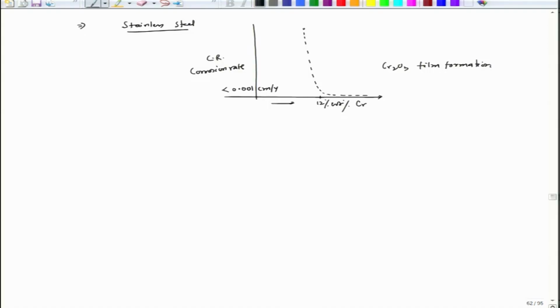Now, this is one part, and of course, in case of stainless steel, apart from chromium, we add nickel, molybdenum, and even titanium and niobium. Those elements provide a bit of extra passivity, or can improve the passive layer, in order to have better resistance to corrosion.